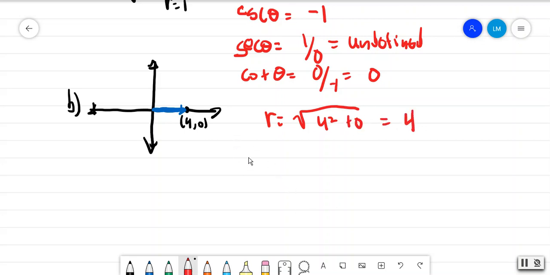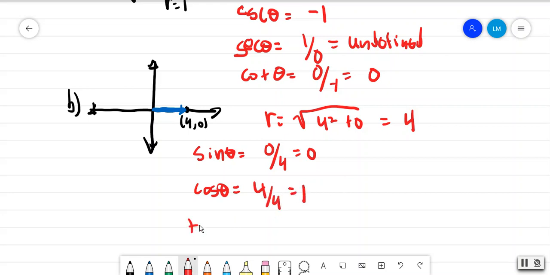So what that means is that we can actually find the sine, which is just going to be 0 over 4, which is 0. Cosine of theta is going to be 4 over 4, which is just 1. And then tangent of theta is going to be 0 over 4, which is 0.